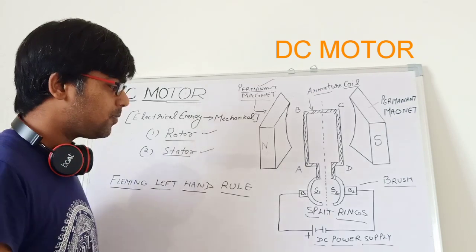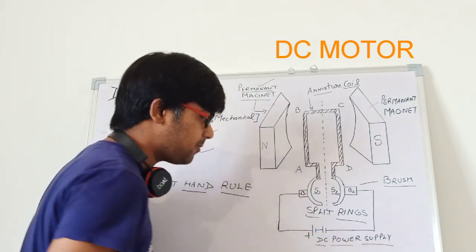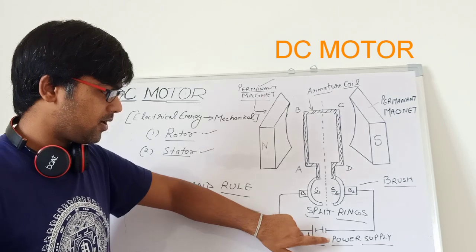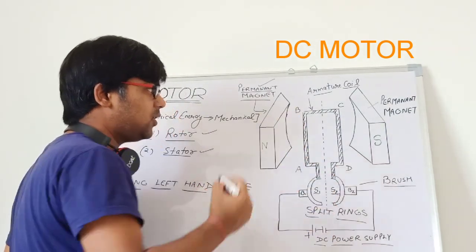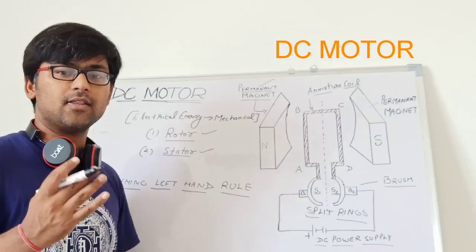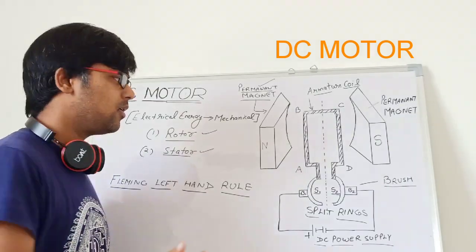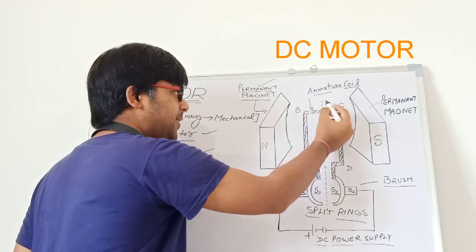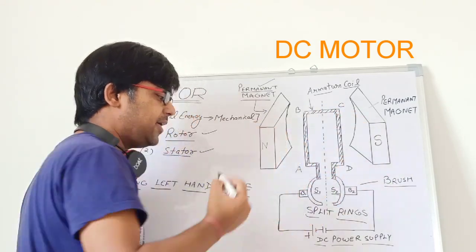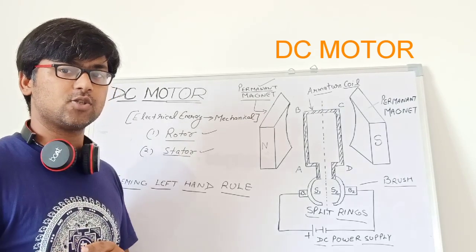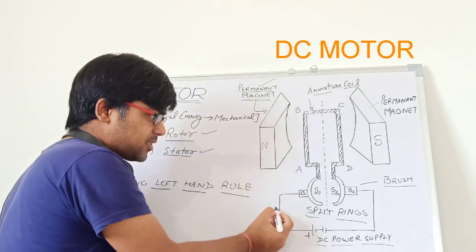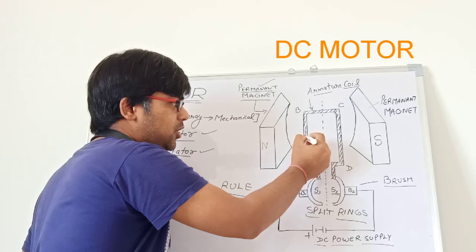Clear? Now, we have a DC power supply, and this is positive and obviously this is negative. So this is the power supply from DC to the armature coil. In the armature coil, we have four arms. First one is A to B, B to C, C to D, and D to A. The current will flow from the positive side towards the negative side. So current will flow from this side through the armature coil AB.